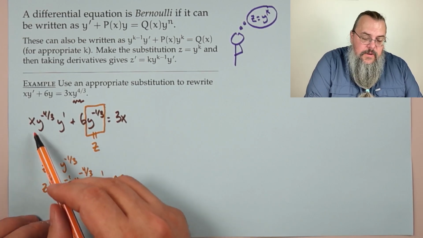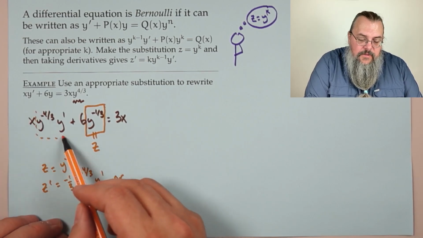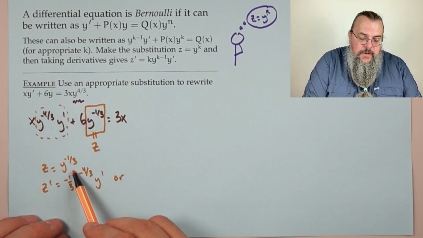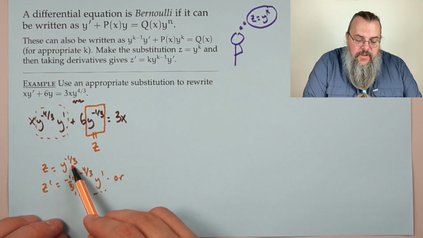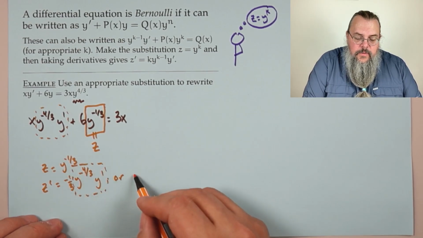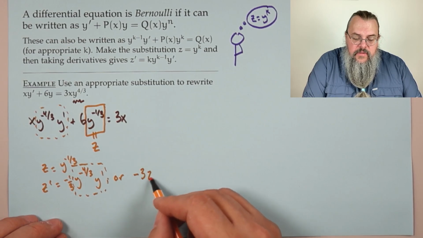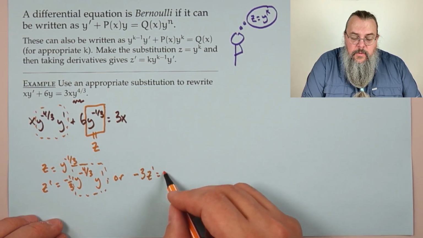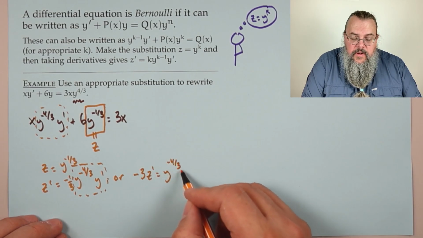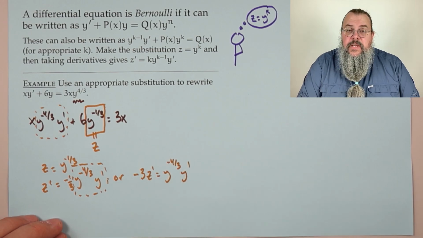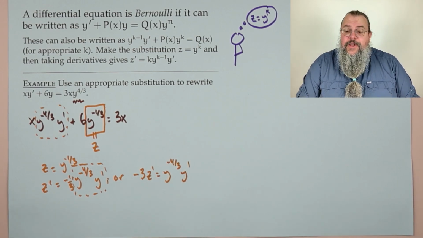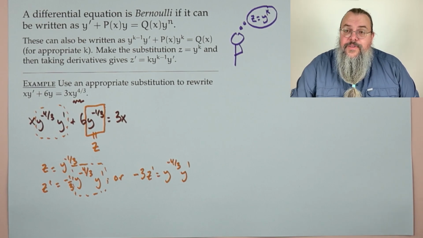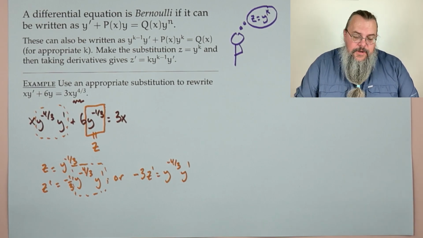Well, we were mostly right. We just need to handle this constant. So we'll rewrite this as -3z' = y^(-4/3) y'. And we're ready. Off to the races, so to speak. So here we go.